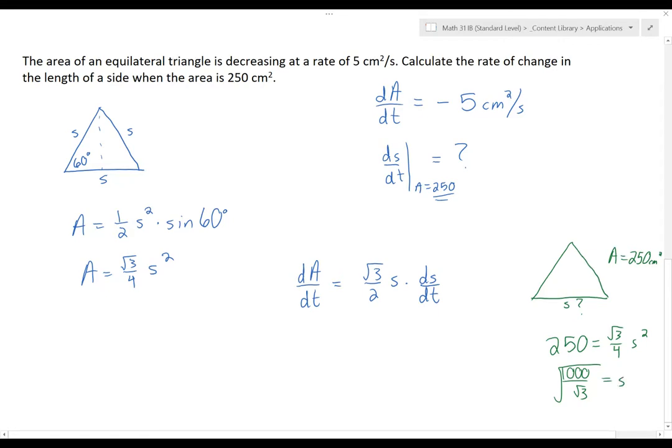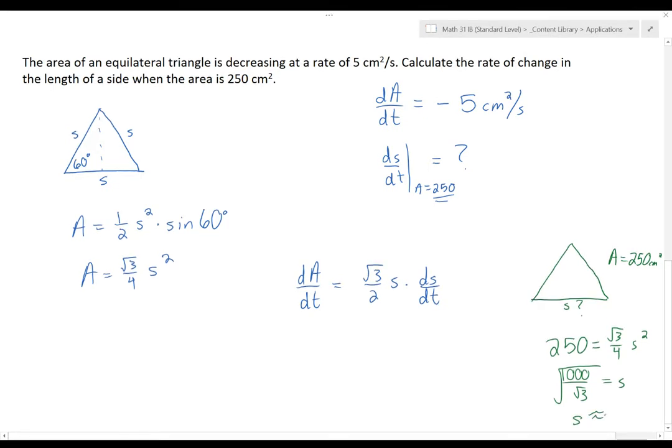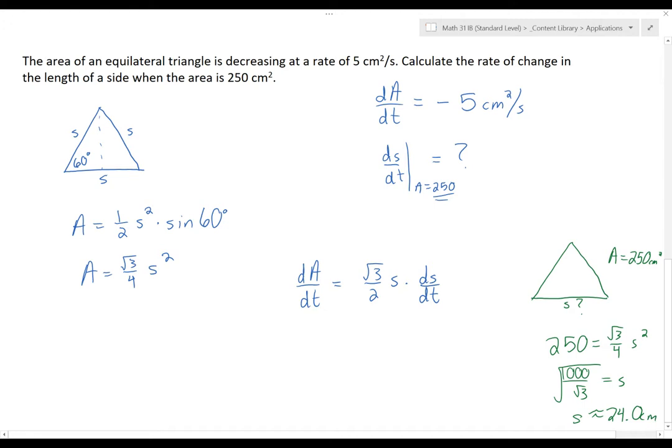So for this one, I'm not going to bother dealing with exact values. So I'm going to go 1,000 divided by the square root of 3 is going to give me approximately 577, but I need to take the square root of that. So at this moment, the side length is approximately 24.0 centimeters. So this is the value that I'm going to substitute in to my derivative equation.